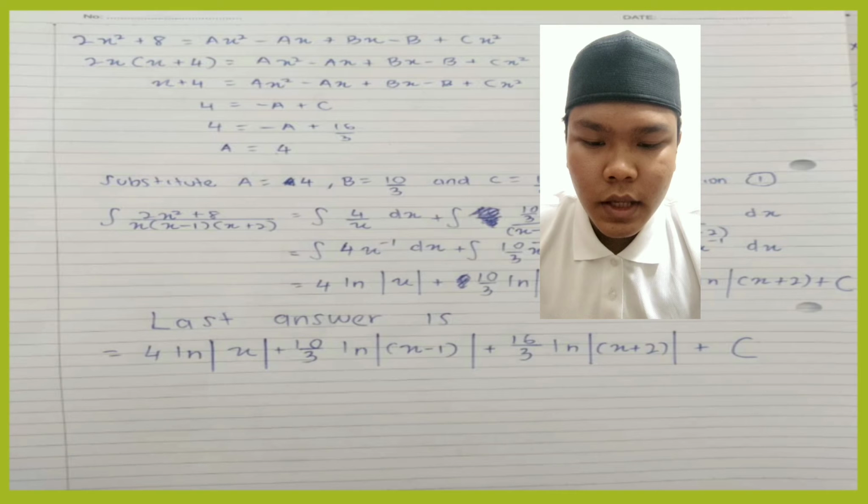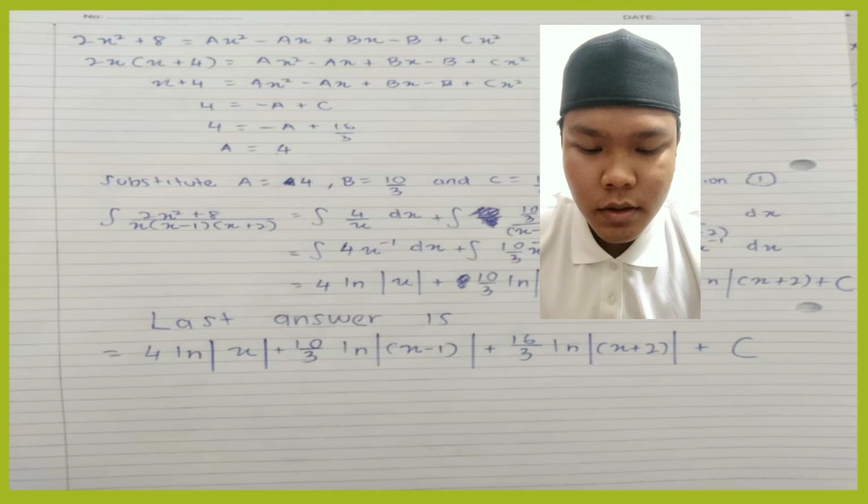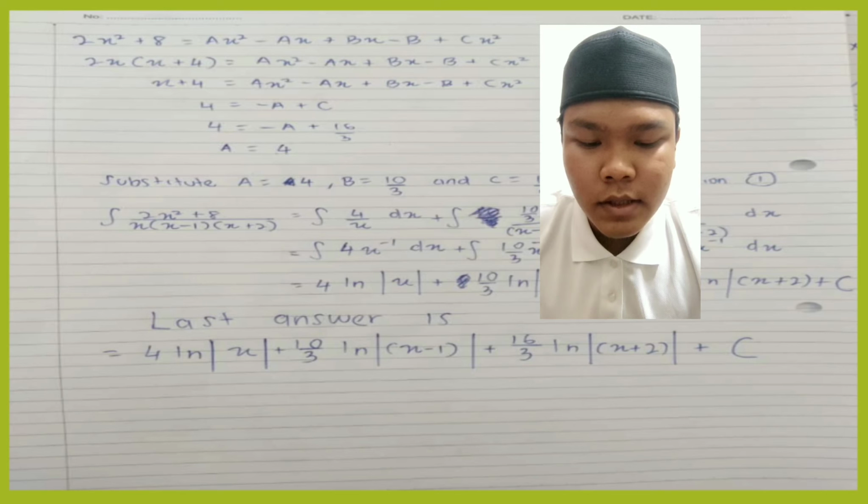Once integrated, the final answer is 4 ln x plus 10 over 3 ln x minus 1 plus 16 over 3 ln x plus 2 plus c.